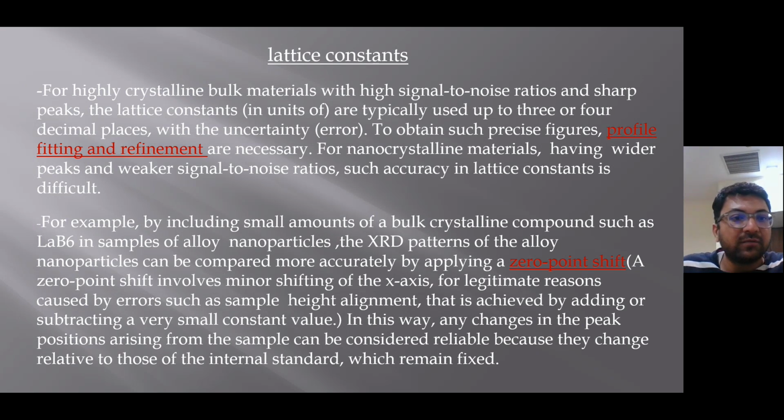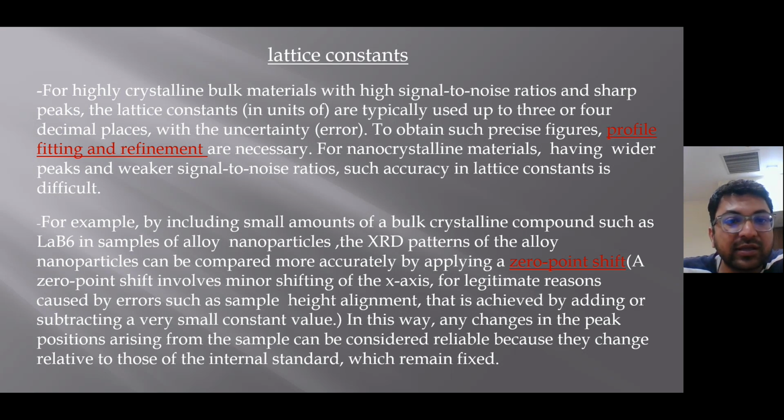In the next part, we will discuss the lattice constant for highly crystalline bulk material with high signal to noise ratio and sharp peaks. The lattice constant is typically reported up to 3 or 4 decimal places without uncertainty error. To obtain such precise figures, profile fitting and refinement are necessary tools.